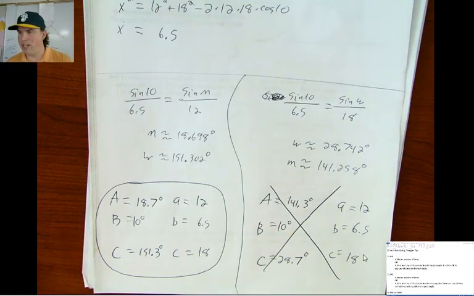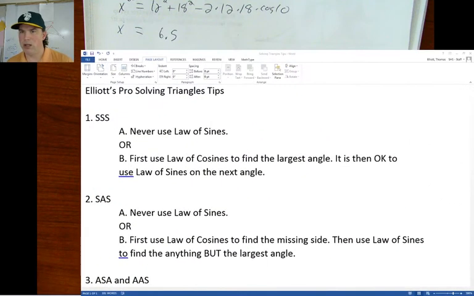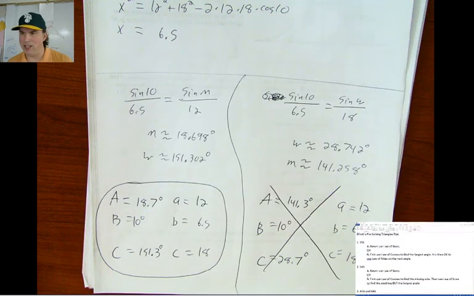So once again, if you follow Elliot's advice here, and you never use law of sines, but you do this, or you follow this one, you'll get it right. And that's actually what I did here.